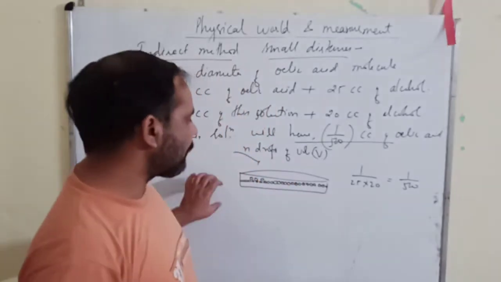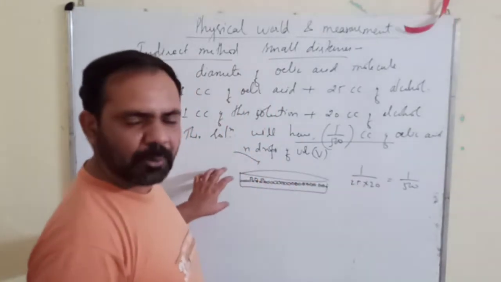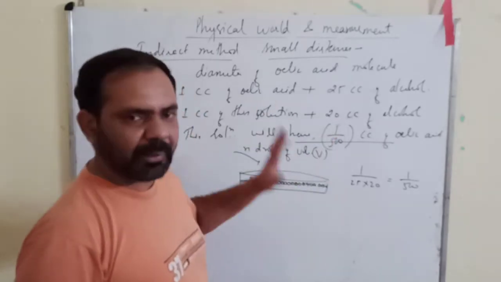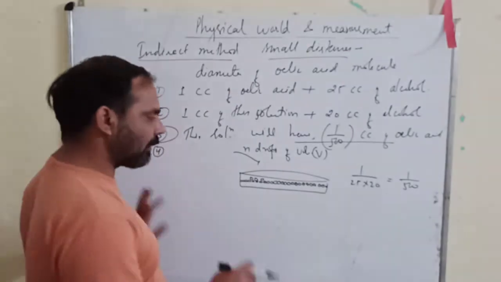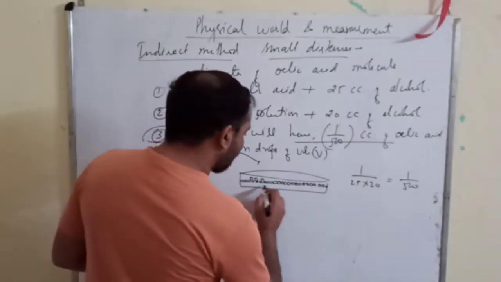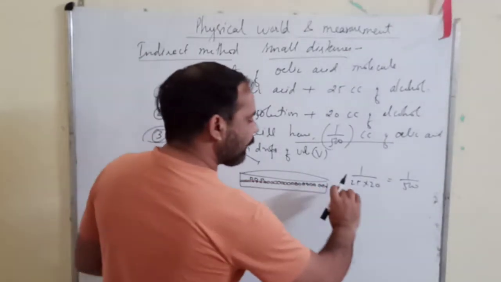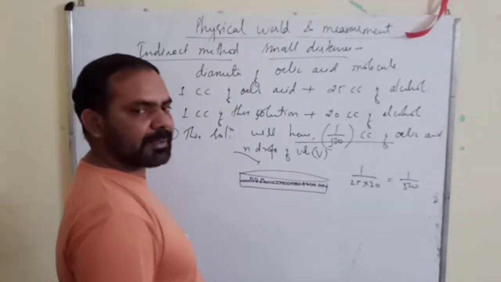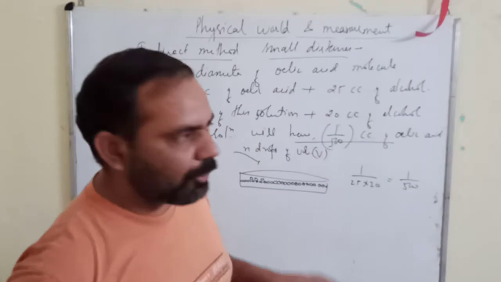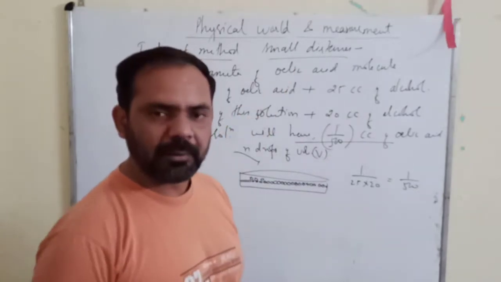When it is exposed to the open atmosphere, it evaporates. What is left at last? The molecules of oleic acid in a single layer, because all the alcohol molecules evaporate into the atmosphere.